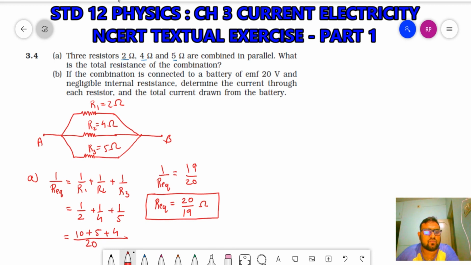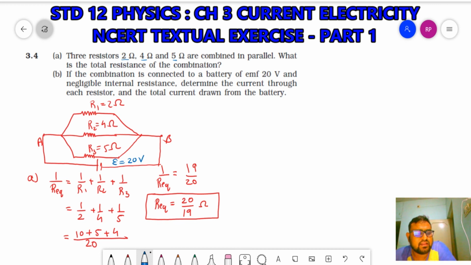Now, second, if the combination is connected to a battery of EMF 20 volt, let's connect it to a battery having EMF 20. Let this battery have EMF equal to 20 volt, and the internal resistance is negligible. So compared to R equivalent, small r will be equal to 0. We have to find out the total current drawn from the battery.